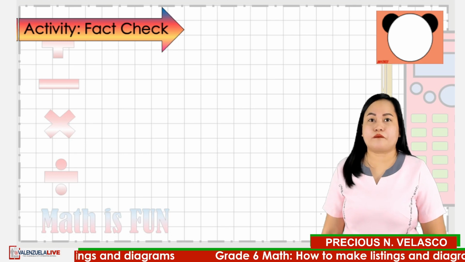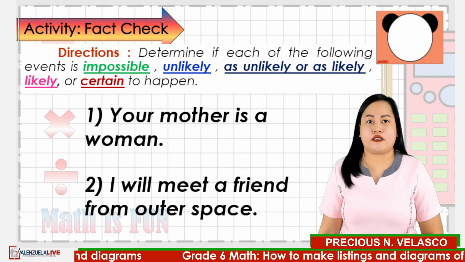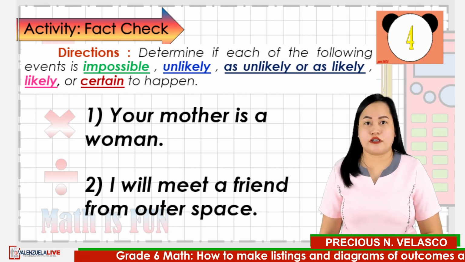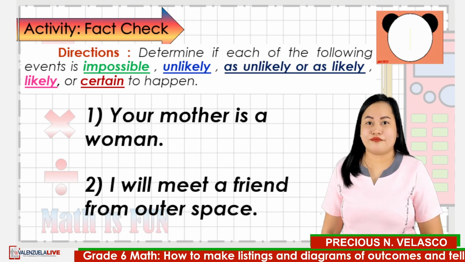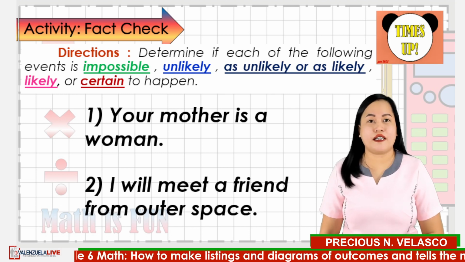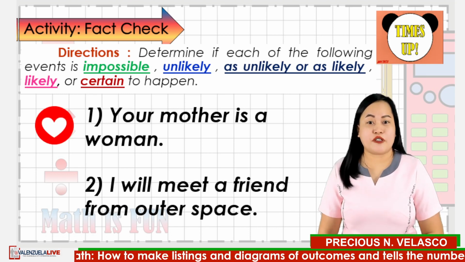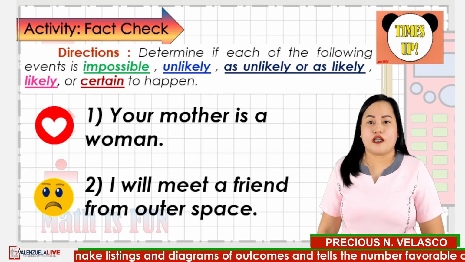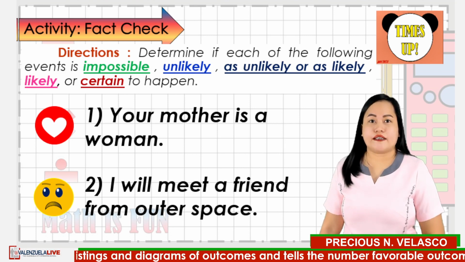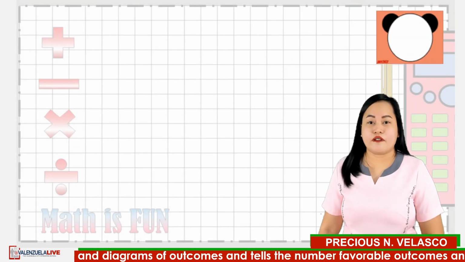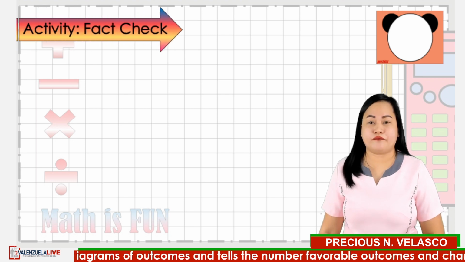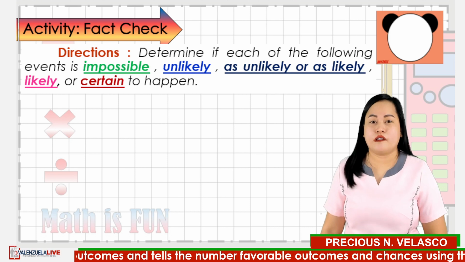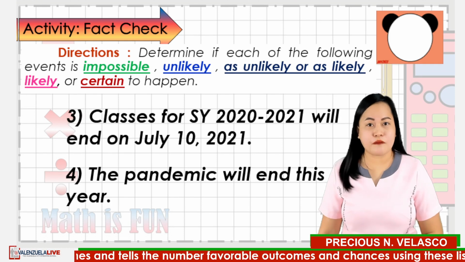For the first two statements, your 5 seconds starts now. Okay, time's up. Let's see. The first one is certain, and the second one is impossible. Next, for the third and fourth statements, just click the reaction button and your 5 seconds starts.